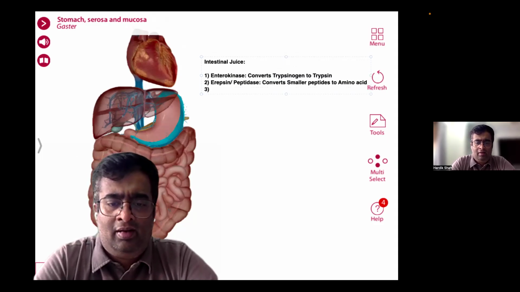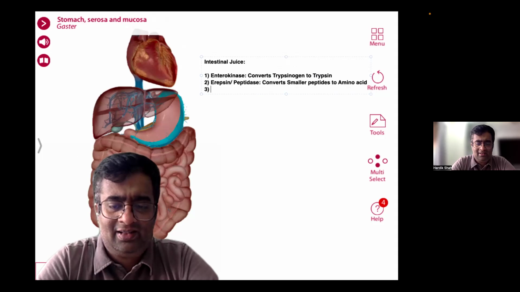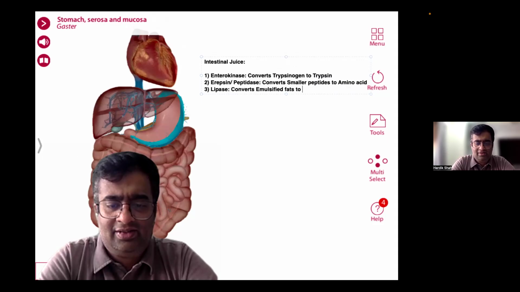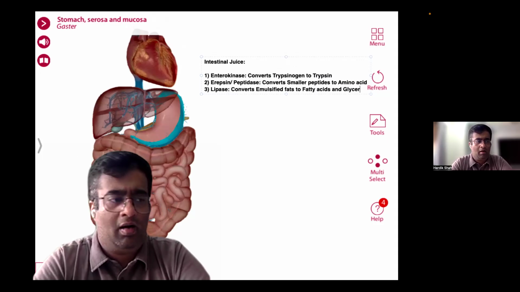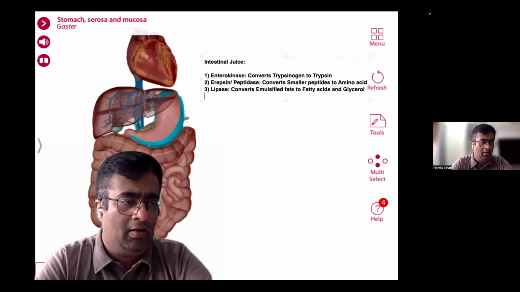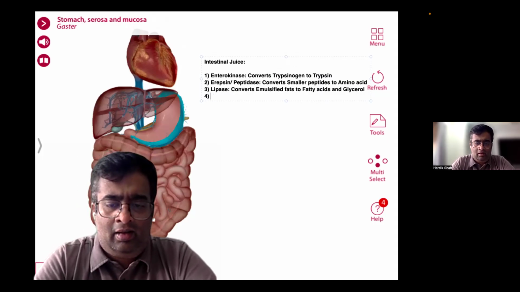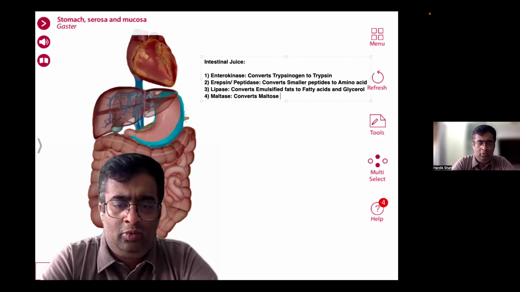Then you have the enzyme called lipase. This is intestinal lipase, which converts emulsified fat to fatty acids and glycerol. Then the next one is maltase, which converts maltose, a disaccharide, to glucose.